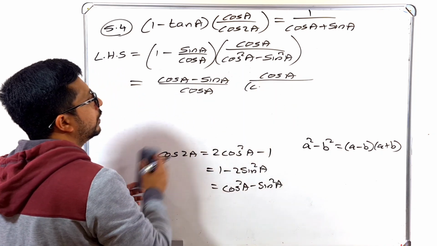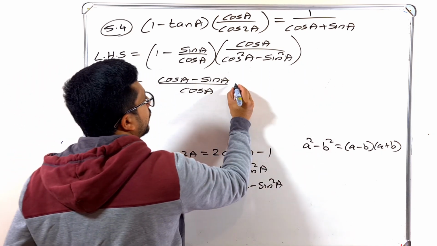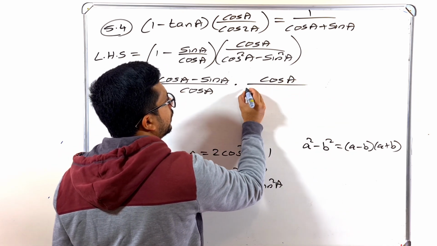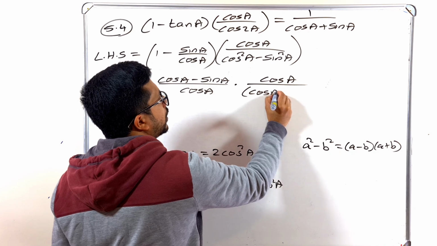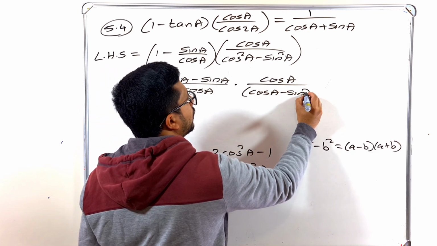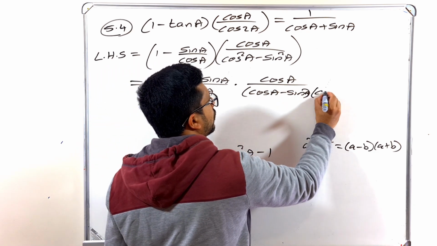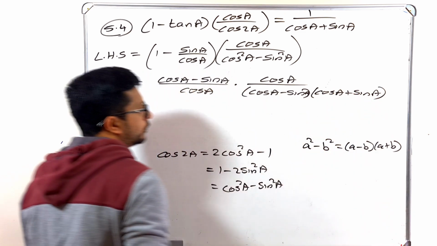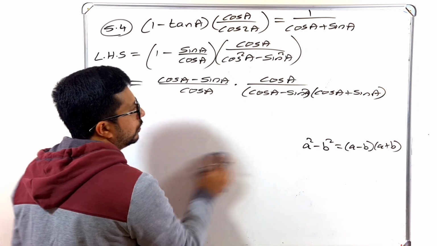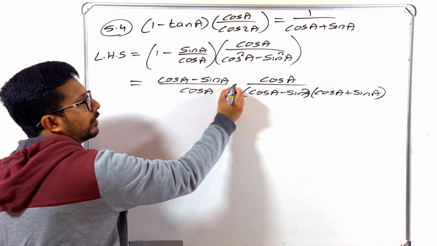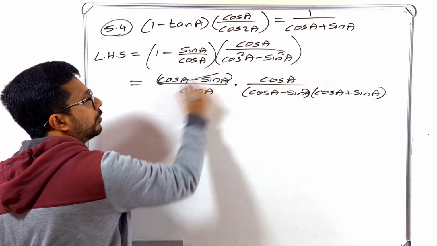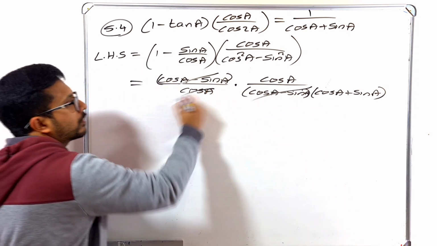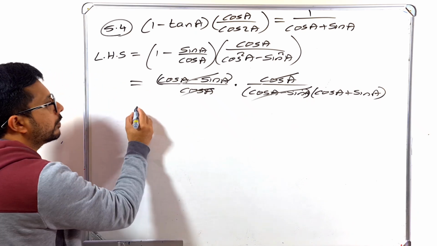You know that it is multiplication, so it is cos A, then this one is cos A minus sin A into cos A plus sin A. Now since here it is multiplication, there is no problem to cancel this cos A minus sin A and cos A minus sin A, this cos A and cos A. So what is remaining?